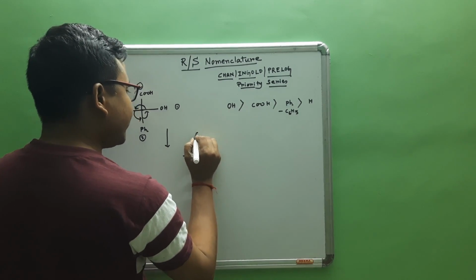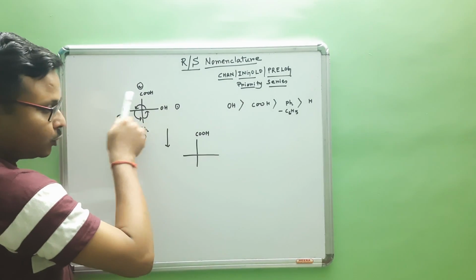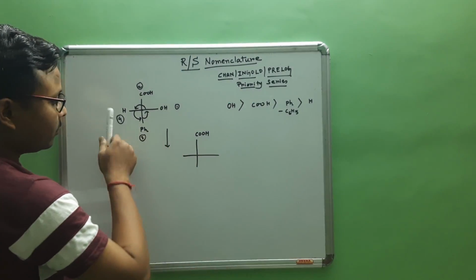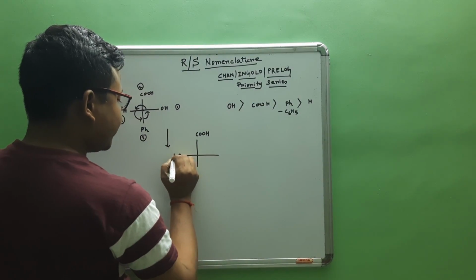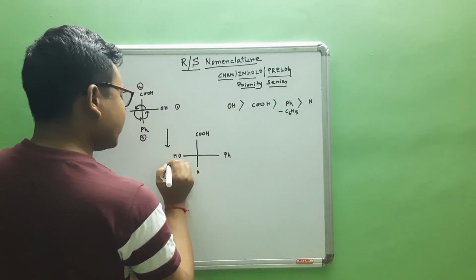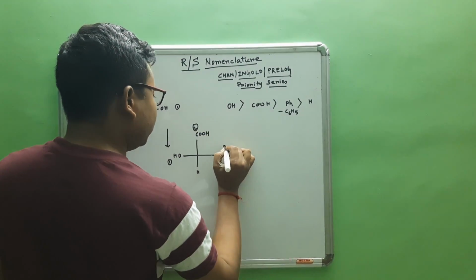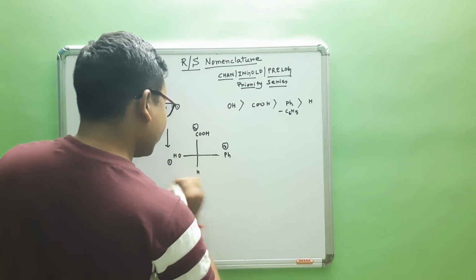Now this looks like COOH because COOH is not moved. So 1 will go to the position 4. So this is OH. 4 is like this here, and so now this is 1, this is 2, this is 3, this is 4.